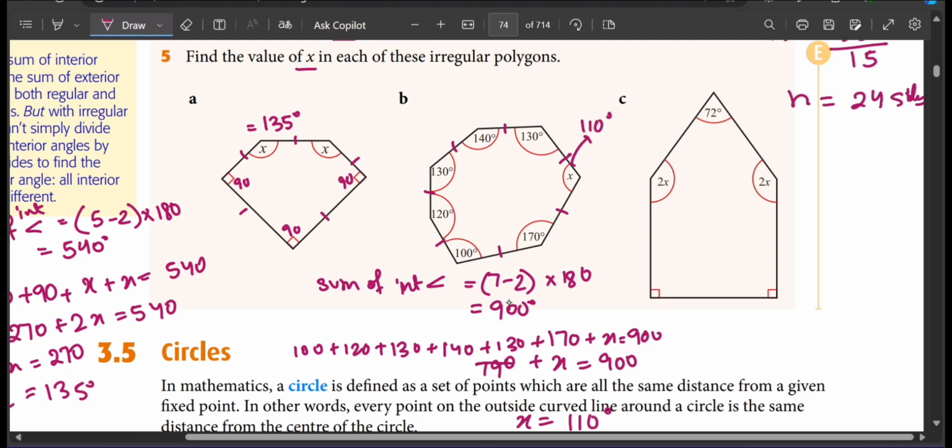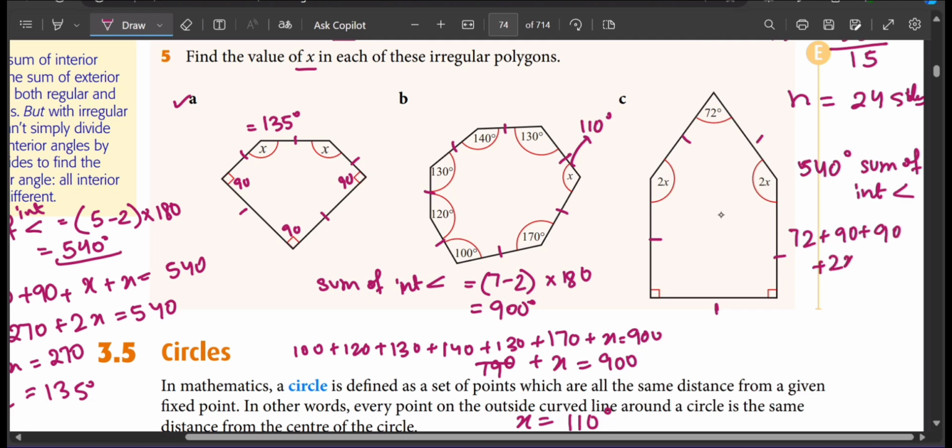For the last part, we also have 1, 2, 3, 4, 5, a pentagon, so we are going to have 540 degrees as the sum of interior angles. Okay, so what we're going to do is 72 plus 90, these are 90s, plus 90 plus 2x plus 2x.